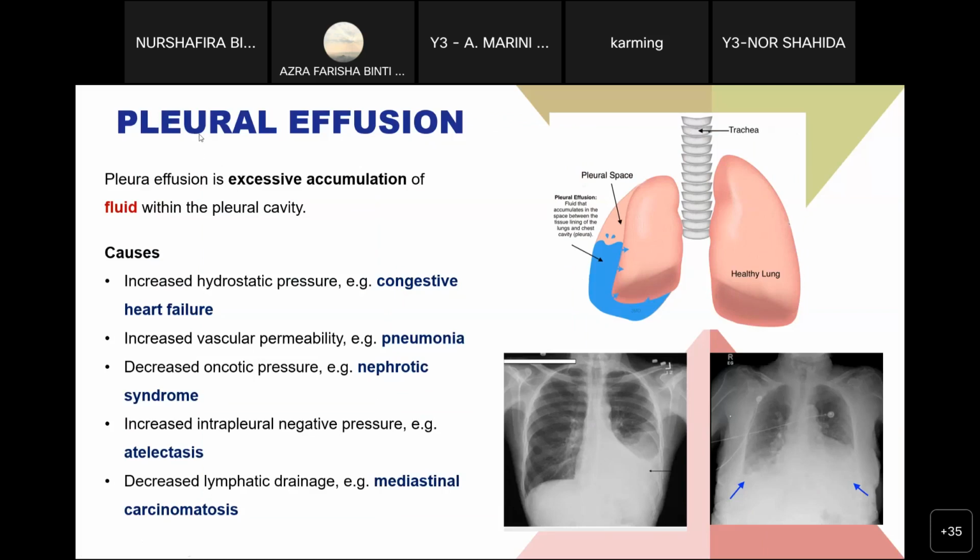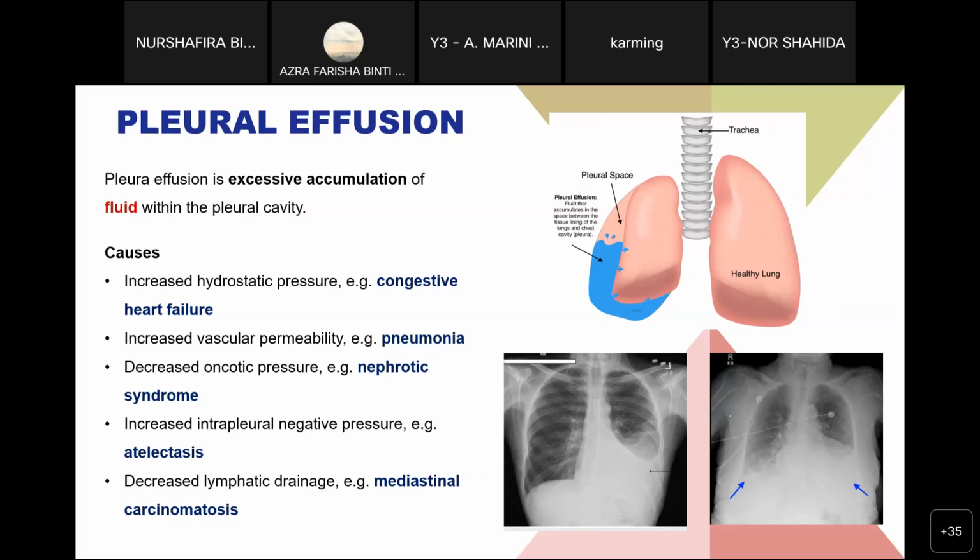This is pleural effusion. It is a condition where there is excessive accumulation of fluid within the pleural cavity. Pleural fluid accumulation is a result of disruption in the balance between production and reabsorption of the serous fluid.